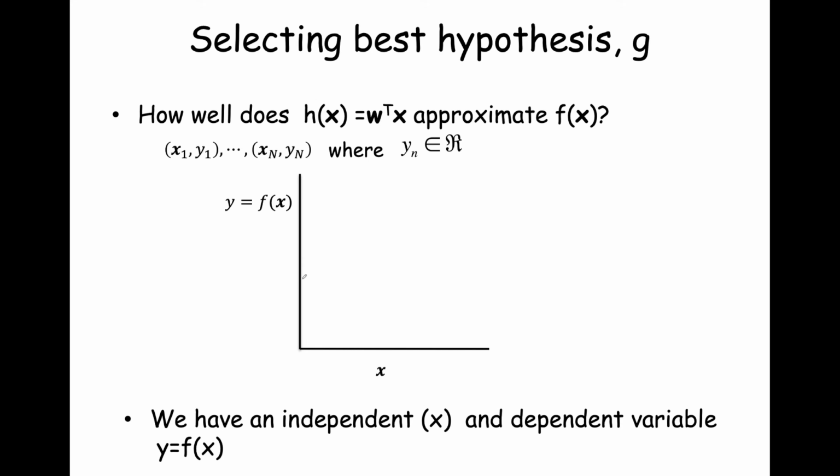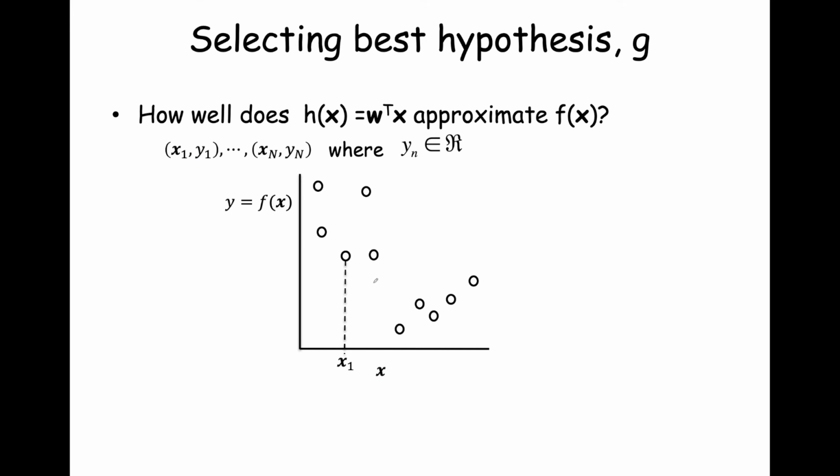And on the vertical axis, we have the output of the ground truth label, the ground truth target function, and that's the amount of credit line extended to that person from the historical data. And so we have 2 variables, our independent variable x, that's that descriptor of the customer from historical data, and the dependent variable, that is the label, a real value quantity, the size of the credit line.